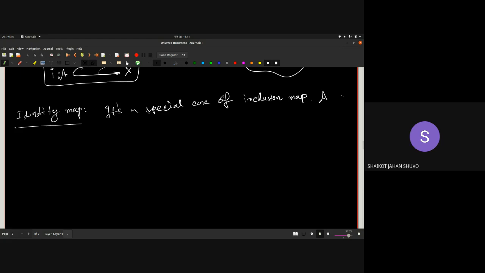That means when you take A equals to X, the inclusion map becomes the identity map. And I should write where A equals to X, and it's written as identity of X that takes elements of X to X.